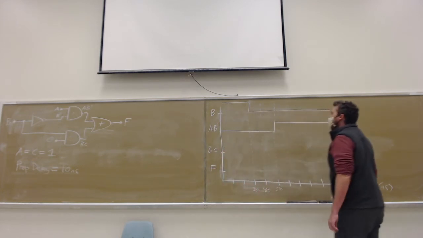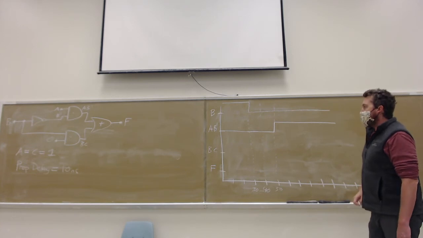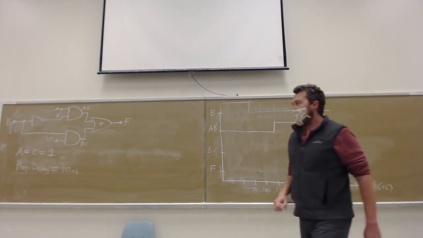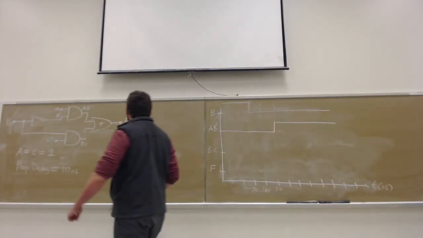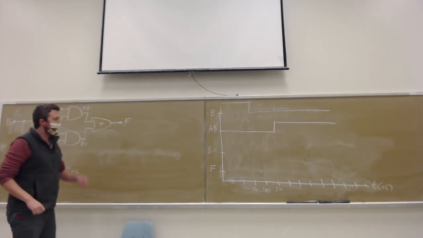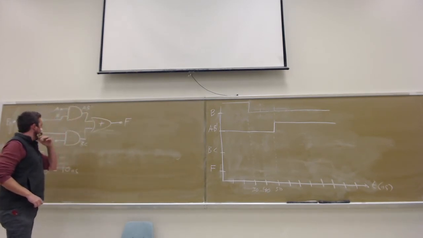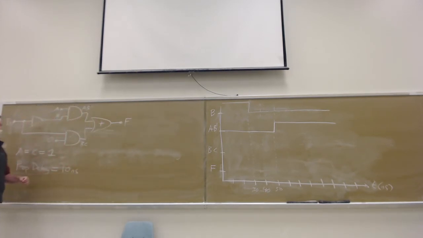And continues on. Now what about BC? So it started where? 1. C was equal to 1, B was equal to 1, so it started as 1.